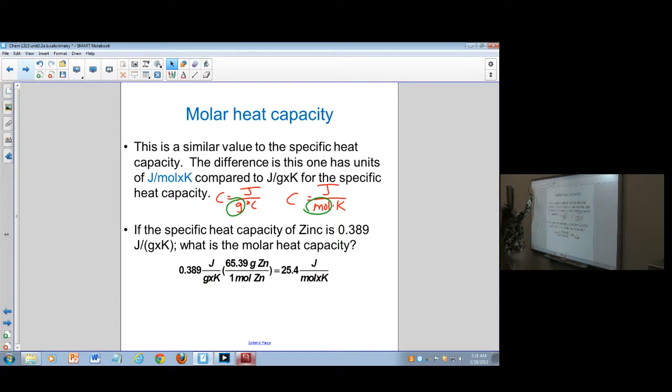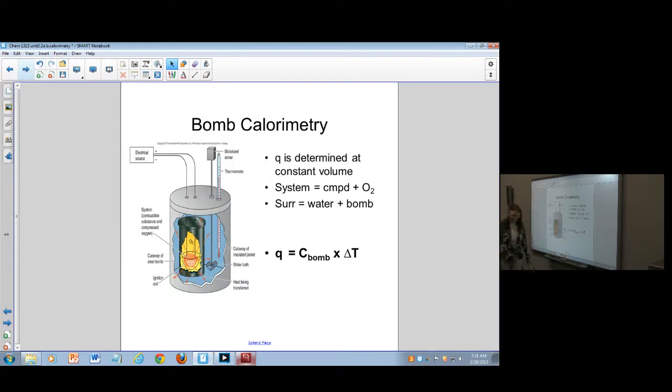Now, one more thing that you might see in a laboratory is something called a bomb calorimeter. Those are typically not used in a freshman or an early chemistry class. But in these cases, what we're measuring here is a constant volume. Remember, in our other ones we had a constant pressure, but here we have constant volume.